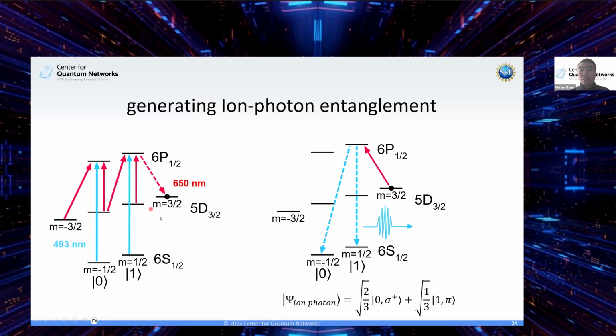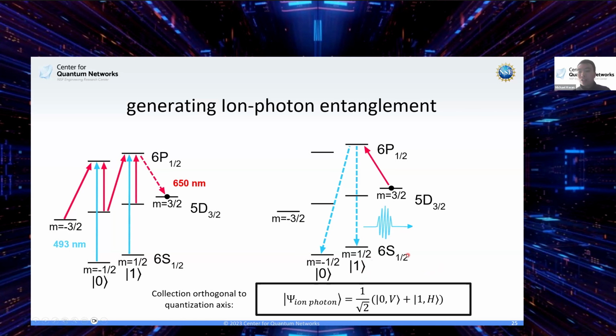Once we have it at m equals 3/2 of the D 3/2 state, you can do a pi over 2 pulse of 650 sigma minus light to bring it to the m 1/2 state of 6P 1/2, and that will spontaneously decay to either 0 or 1.